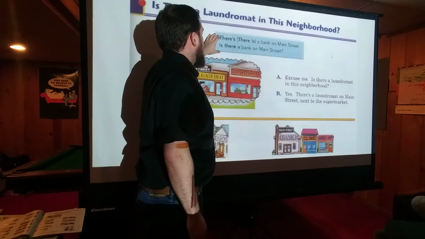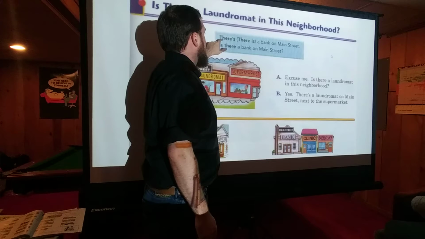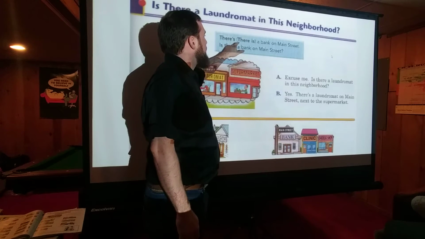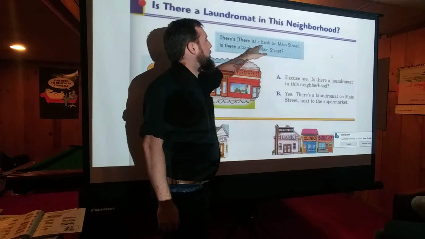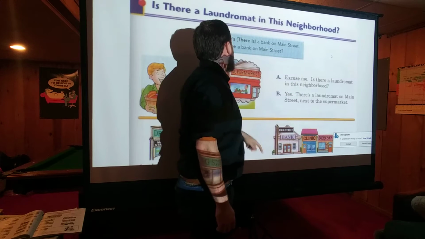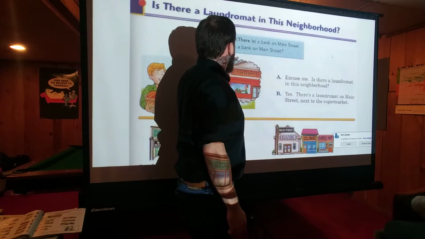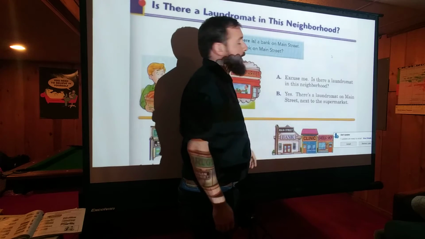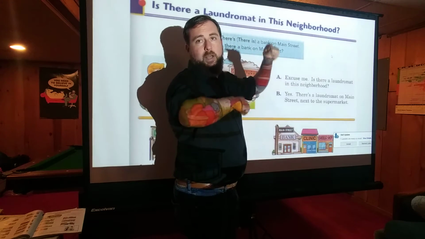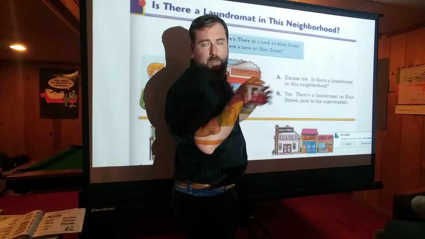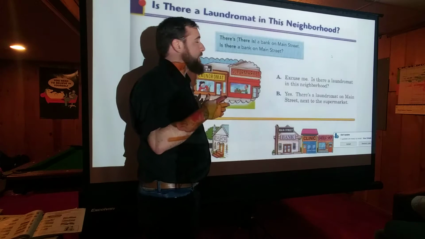And then we've got a nice blue box that shows us our grammar rules. There's, which is short for there is, a bank on Main Street. Is there a bank on Main Street? I would have put those in reverse order, but I think you can get the idea.